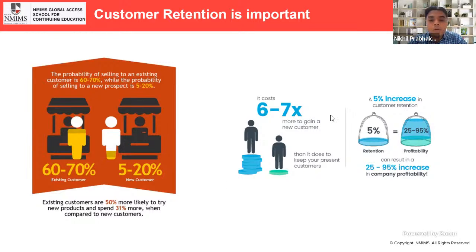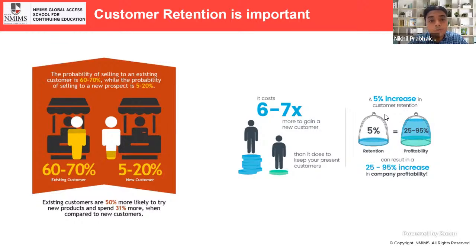Now, if you have a 5% increase in customer retention, it translates into 25 to 95% in company's profitability. That means a huge plus is happening if we are able to do something on the side of customer retention itself. So very small effort, maybe designing a loyalty program, reaching out to the customers, solving for their problems.